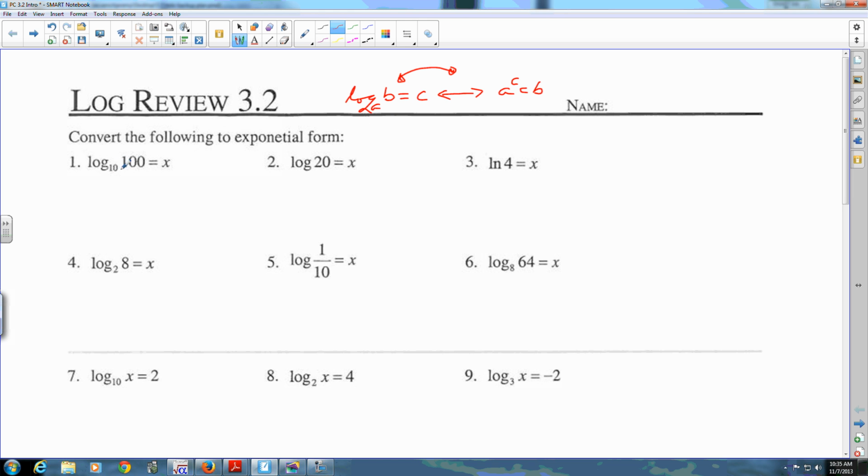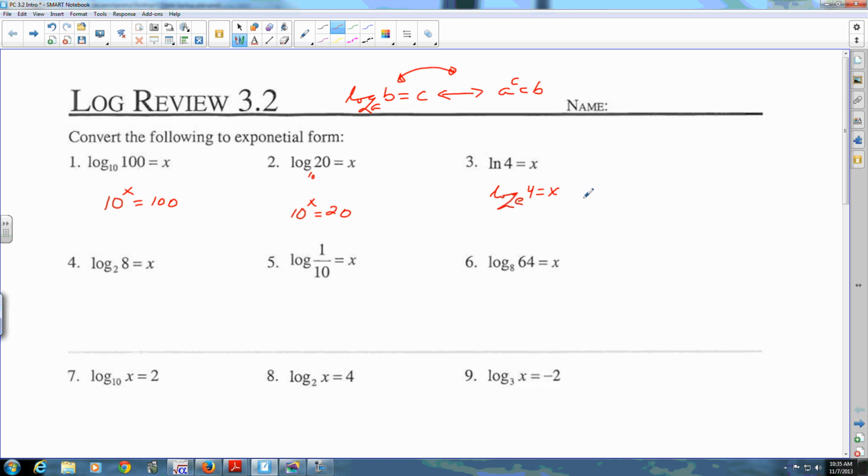So the translation of this, what means exactly the same, is 10 raised to the x is 100. This is missing its base, so you can assume it's base 10. So that's 10 to the x is equal to 20. This one, if you want to do an intermediate step of writing log base e of 4 is x, by all means do it.